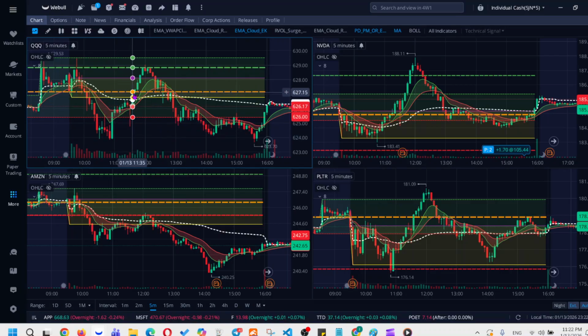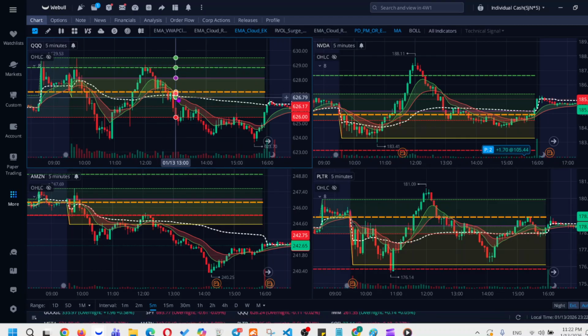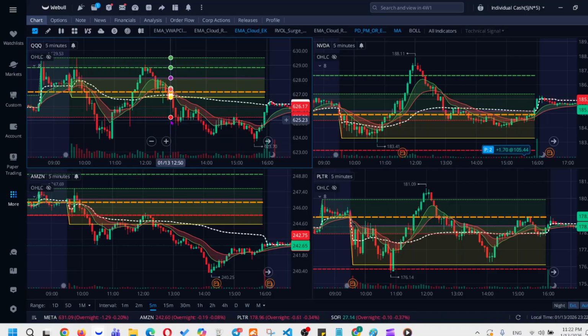After the previous day close, there was an immediate retest, and it goes all the way to the previous day high. And later in the day it got below the previous day close, and then there was some consolidation and it got rejected, and that was it.